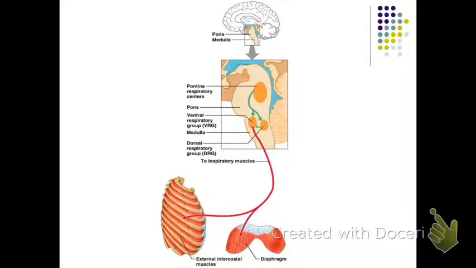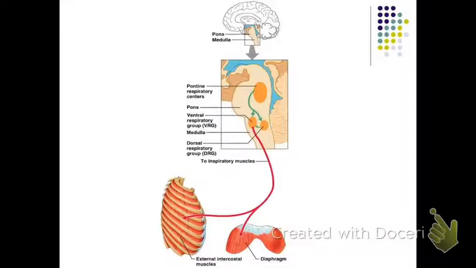So this image shows the connection from the pons and the medulla to those sites of innervation with the phrenic and intercostal nerves. And in this little box right here, we see the pontine respiratory centers.